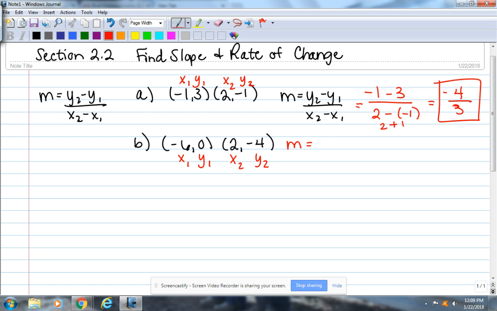So the y2 coordinate is negative 4 minus y1 is 0, divided by x2 is 2 minus x1 is negative 2. So negative 4 minus 0 equals negative 4. And 2 minus negative 2 is the same thing as 2 plus 2, which is 4. And then we reduce our fraction. Negative 4 over 4 is negative 1. So negative 1 is the slope of the line that contains those two coordinates.